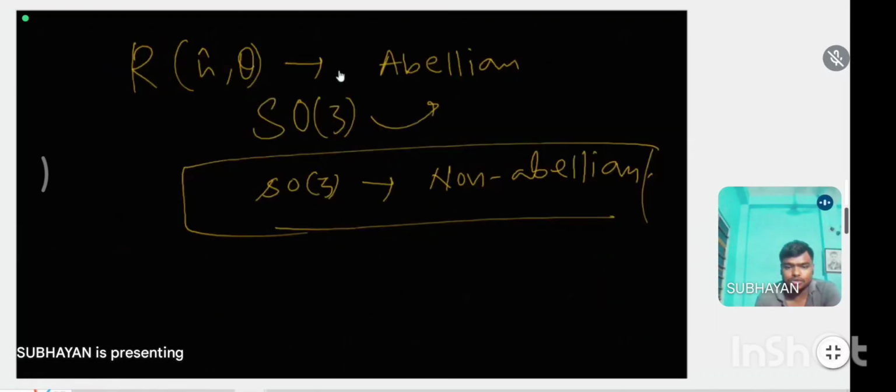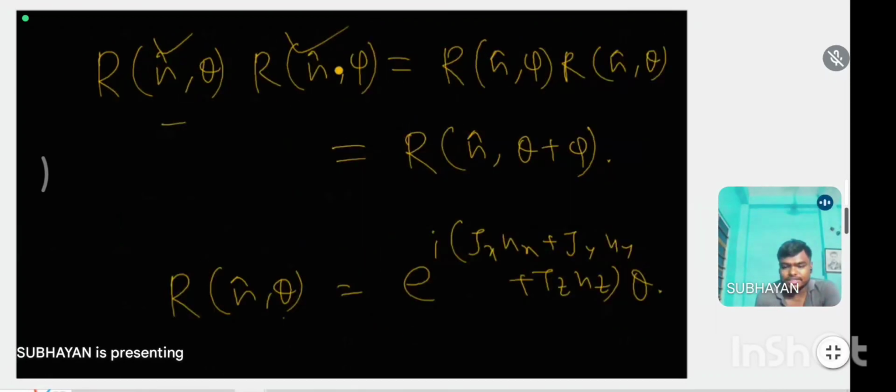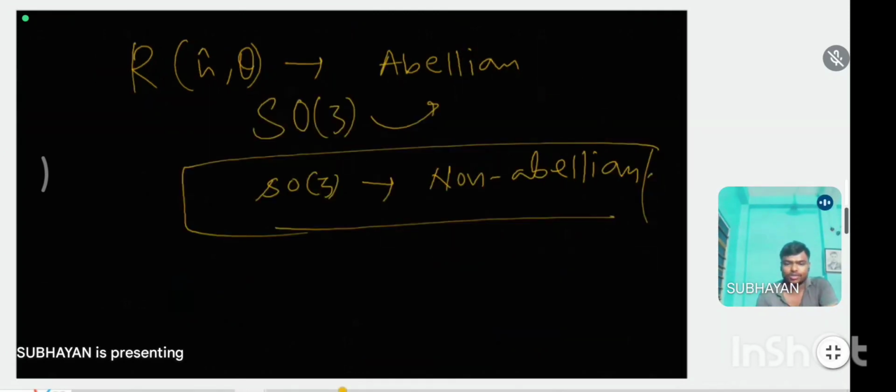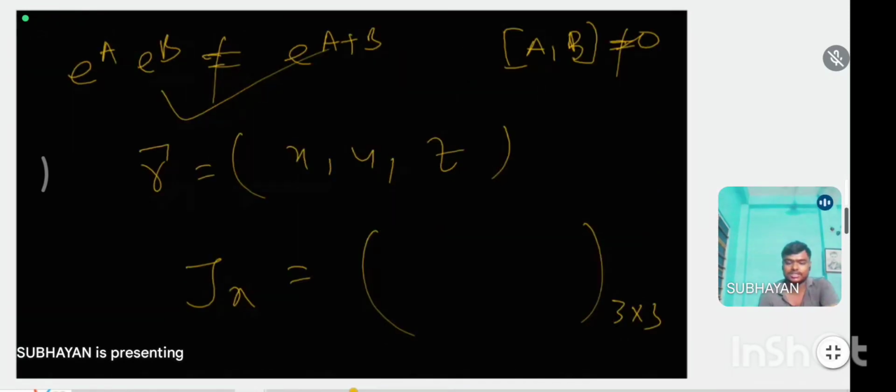As J transforms like a vector, this can be written as the dot product of J and n. This dot product will act as a scalar, and this scalar will be abelian, right? So that's the key.